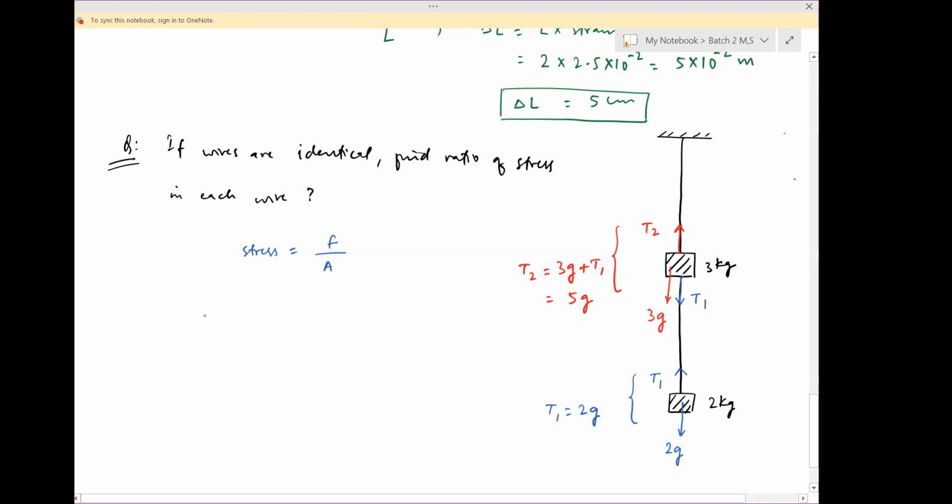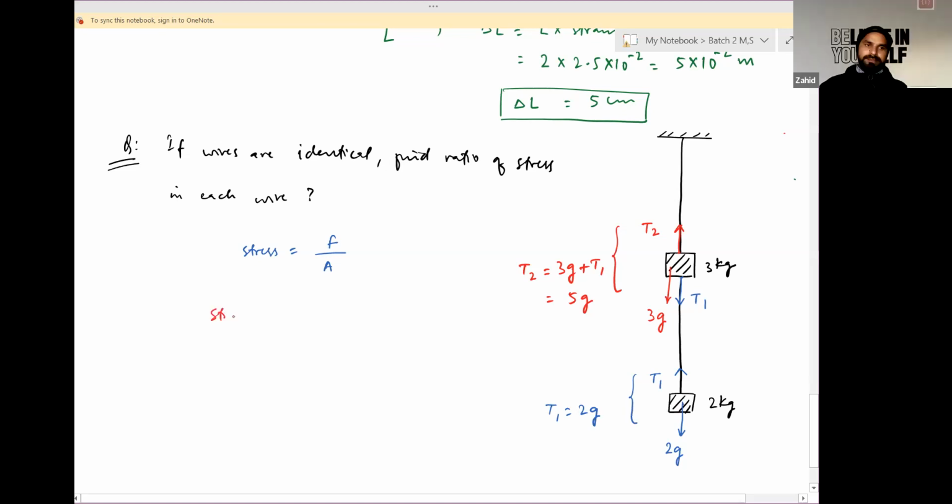Yes, sir. So stress in the first part equals tension in first divided by area of cross section. Stress in the second part equals tension in second divided by area of cross section. Now just divide them, put the values of T1 and T2 and simplify it.